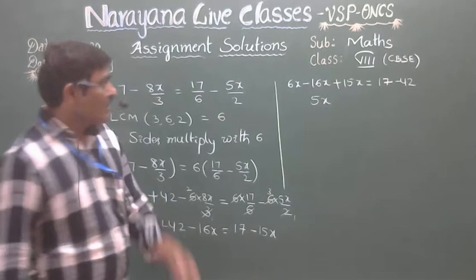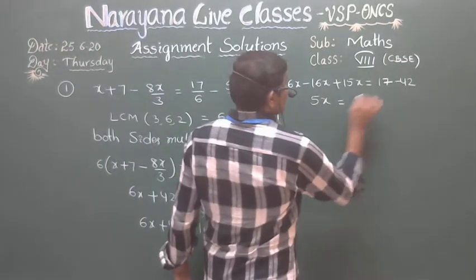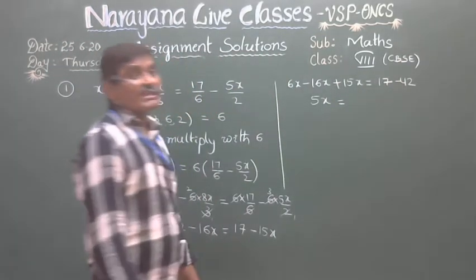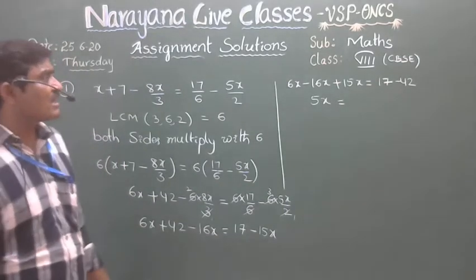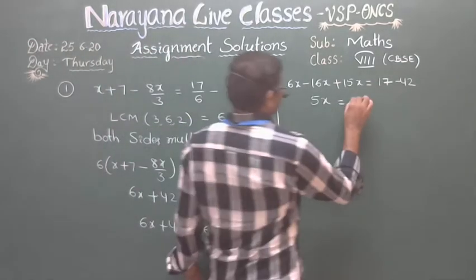Now equal to 17 minus 42. 17 minus 42 is equal to minus 25.